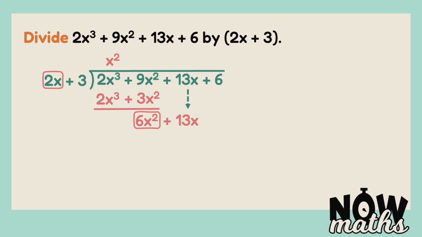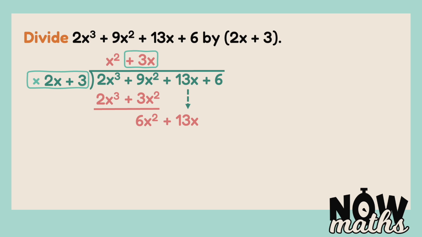Now for our next division, we divide 6x squared by 2x, which is 3x, since 2x multiplied by 3x is 6x squared, and we write this above the bus stop. Now there will be a remainder again, since we're actually dividing by 2x plus 3. So to work out the remainder, we multiply the 3x that we just found by 2x plus 3.